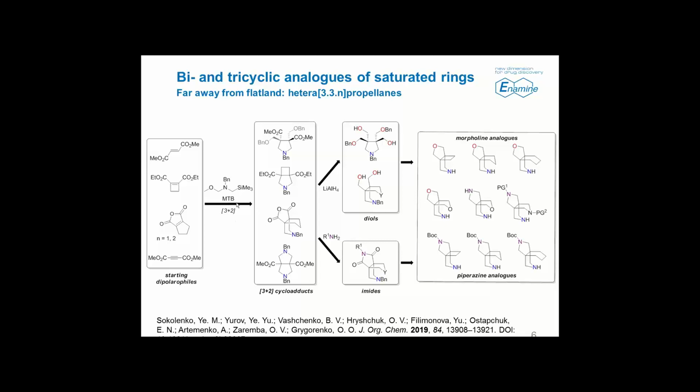So the synthesis here starts with a 3+2 cycloaddition reaction, so that the pyrrolidine ring is formed at the first step, and then we use nucleophilic cyclizations either at the oxygen atom or at the nitrogen atom to construct the remaining ring of the tricyclic system. You can see that these compounds are close homologues, and one might ask why such close analogues are needed.